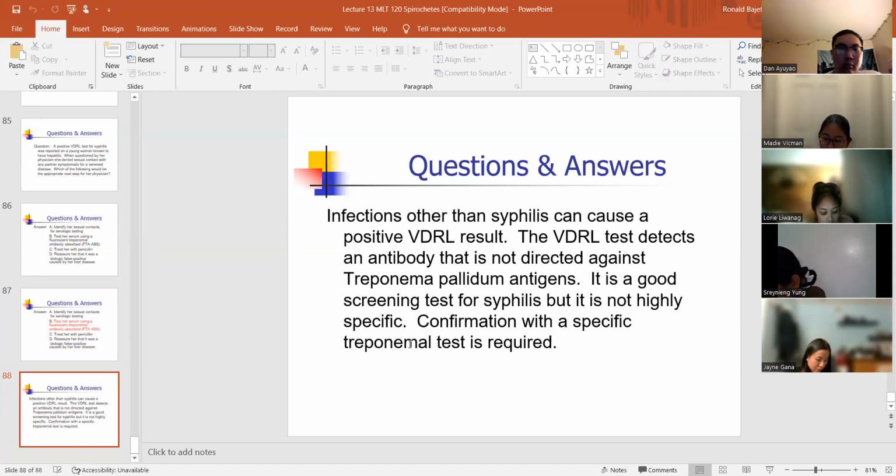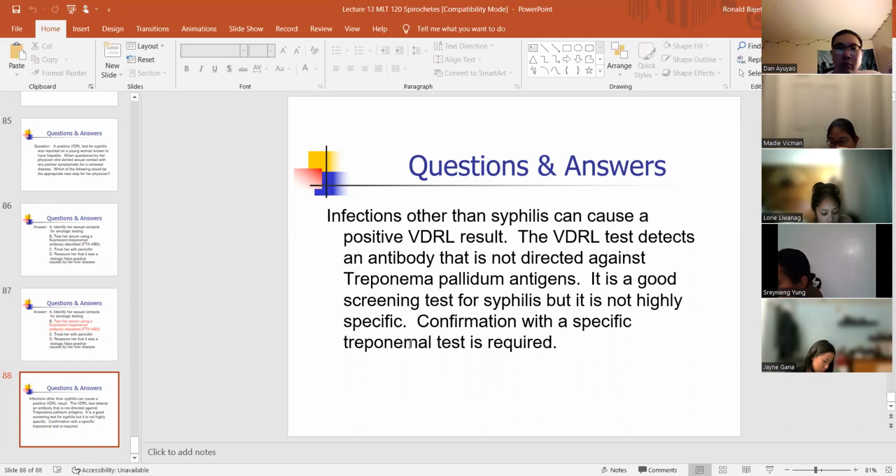So if you have a case study that says the patient has a connective tissue disease or lupus anticoagulant, then they're going to get a positive RPR. Those are good examples where an RPR is positive because of a disease other than syphilis.